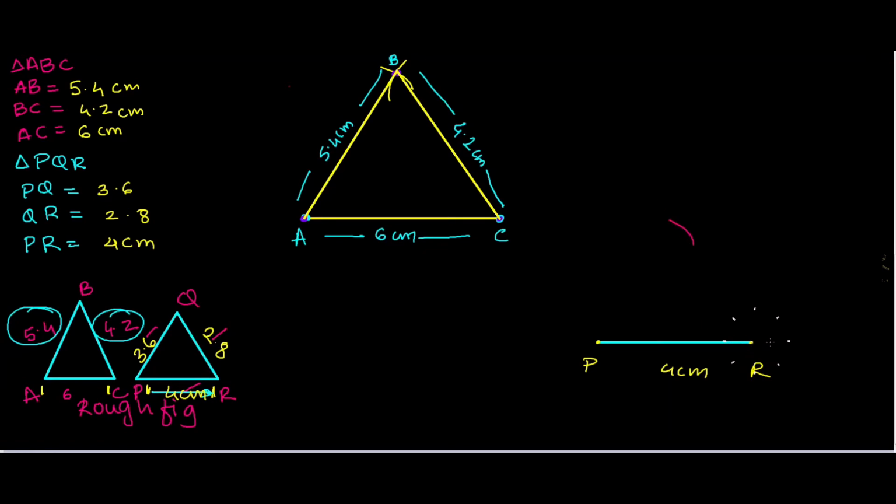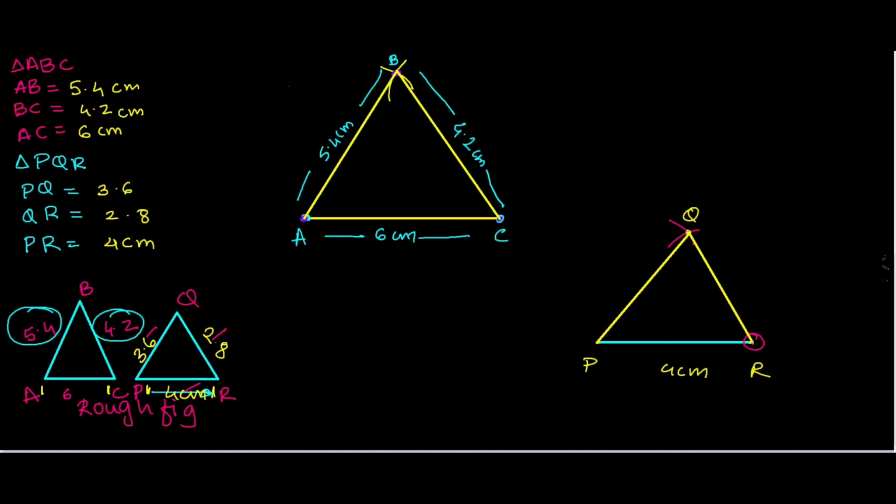Then rounder on point R, take the measurement 2.8 centimeter, and you will get an arc like this. We got our point Q over here, so we are going to join PQ and QR. Here is our PQ and this will be our QR. So this is our required triangle.